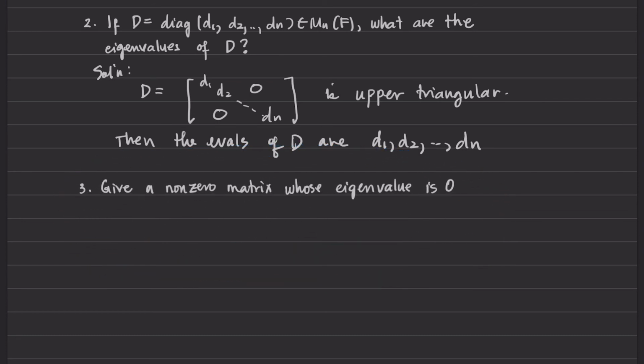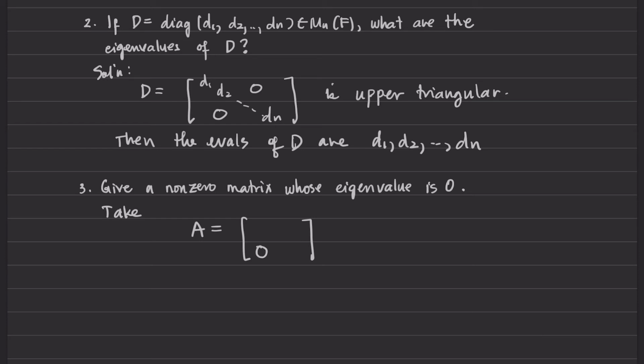Okay, number 3, give a non-zero matrix whose eigenvalue is 0. Huwag ka nang lalayo, no? So, mag-isip ka na lang ng upper triangular. So, huwag mo nang lakihan yung matrix mo. Kung makakaisip ka ng 2 by 2, better. So, upper triangular, so 0 yan.